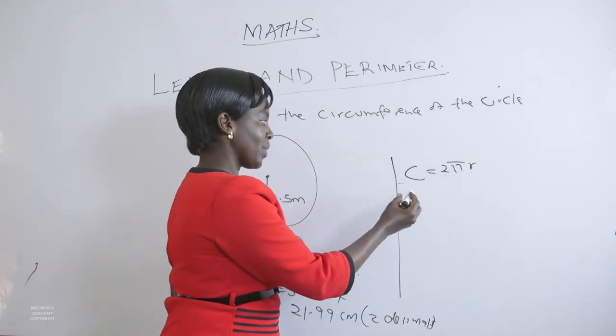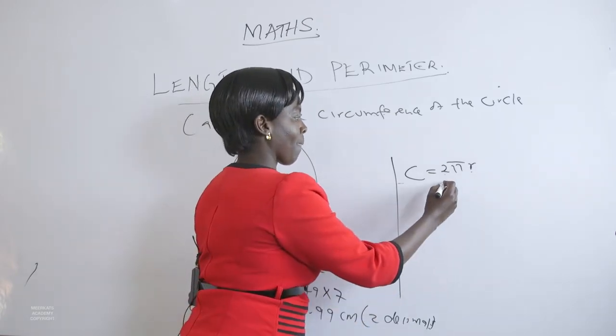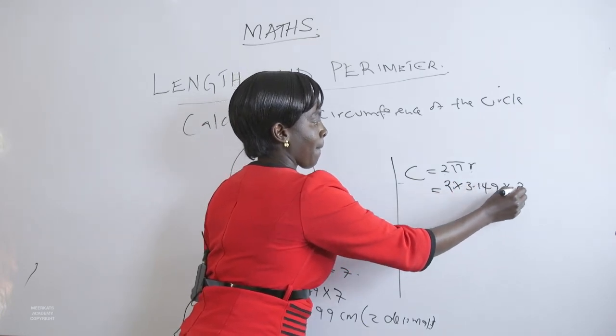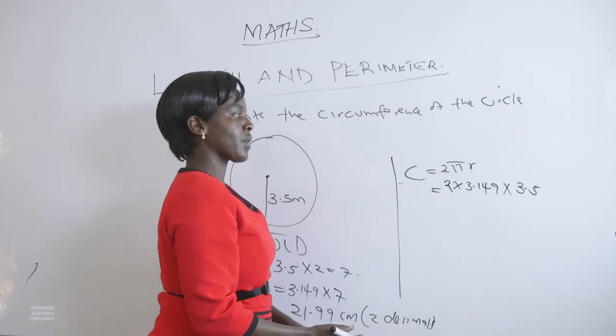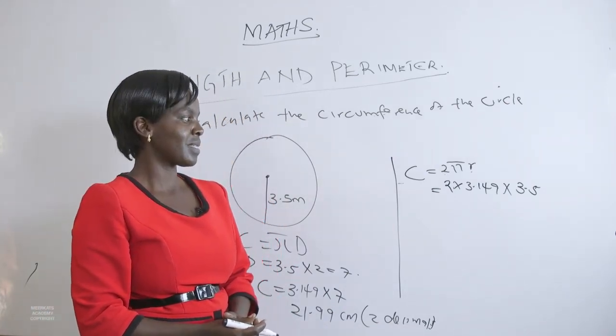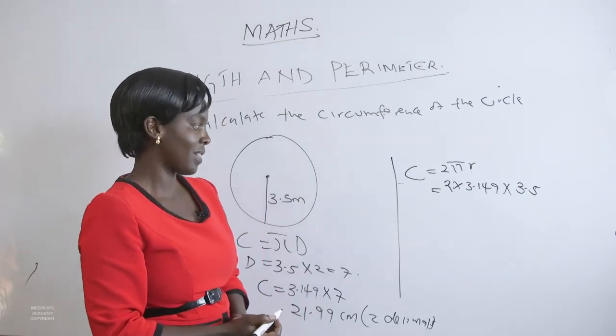So we can use the formula: 2 times 3.149 times 3.5. If we calculate, again, you realize that it will give us the same value.